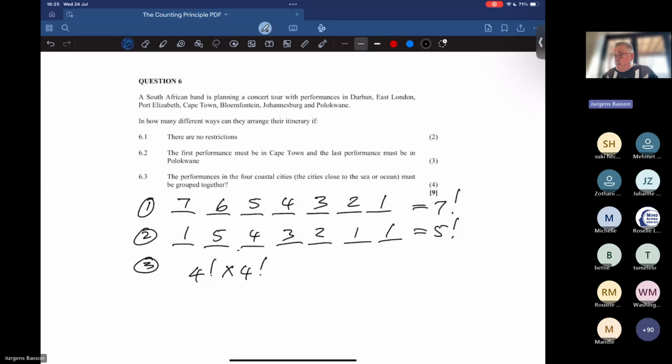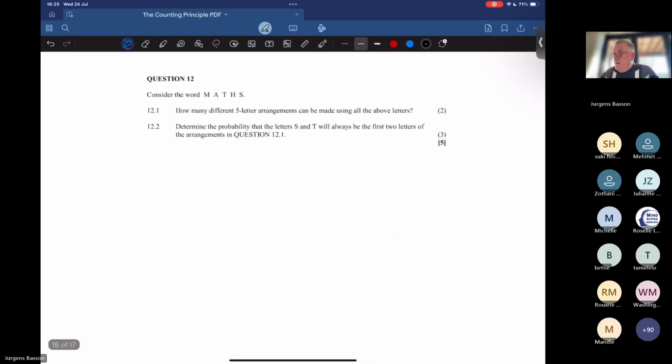You will see this is a pure counting principle question. This little question where the word is maths. The first time I looked at this question, I thought, wow, looks quite boring, until I started to read that second one. But let's do the first part. We've got 5 letters available. They're different.